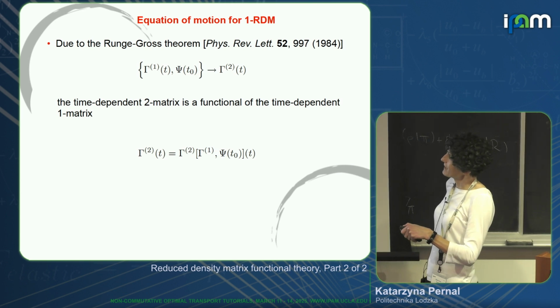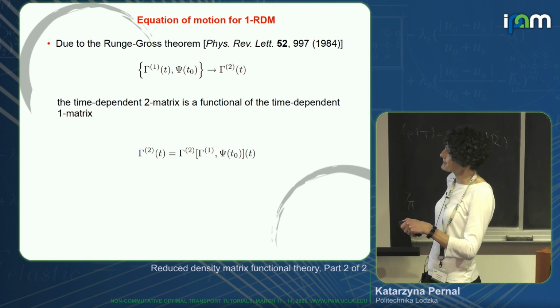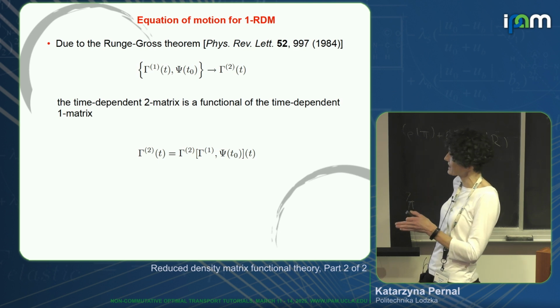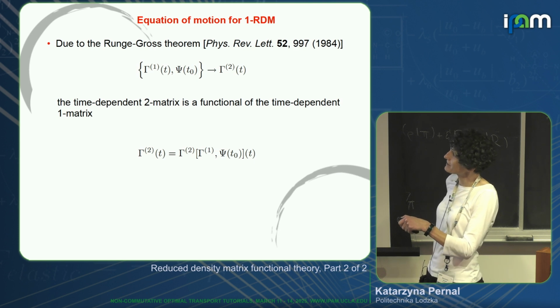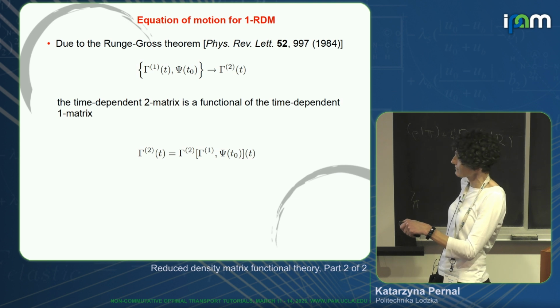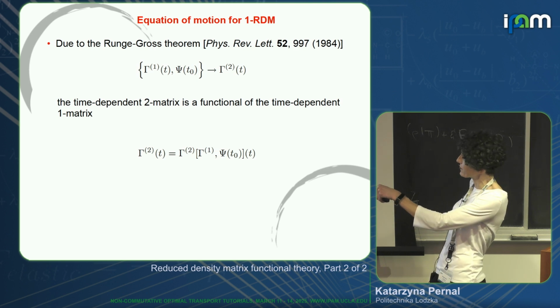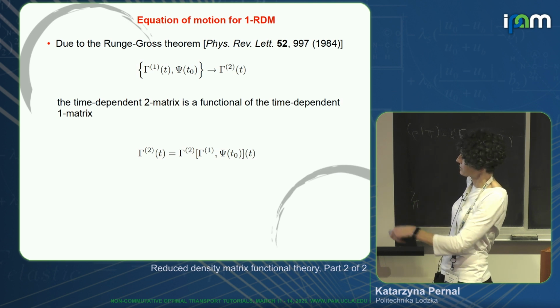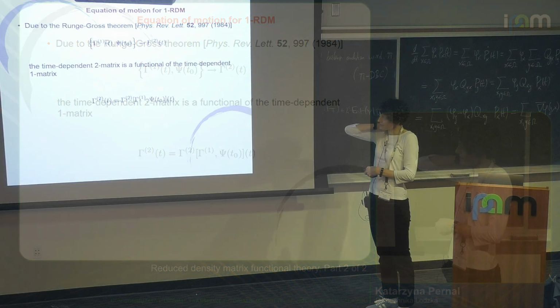So the time-dependent one electron density matrix and the initial state, so t0, we assume that at some initial time t0, our system is in the state described by psi. Okay, so if you have these two, they determine uniquely a time-dependent RDM, that there is this mapping, right? That's what I will show, the proof of it on the next slide.